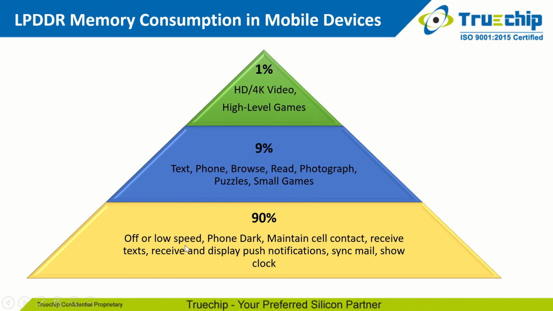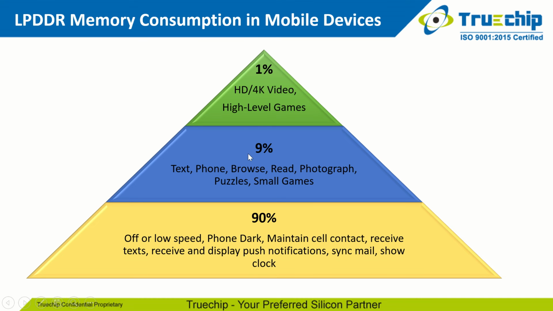We are considering that only a single channel of memory is active and the phone will typically be in dark mode, in your pocket or at the desk, and at that time it is maintaining cell contacts, receiving texts, or receiving and displaying notifications, emails, or just showing the clock time and sometimes other background activities.